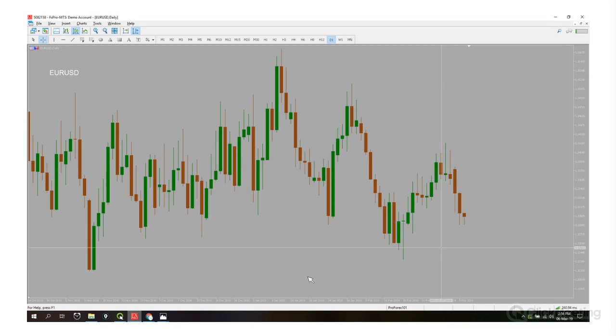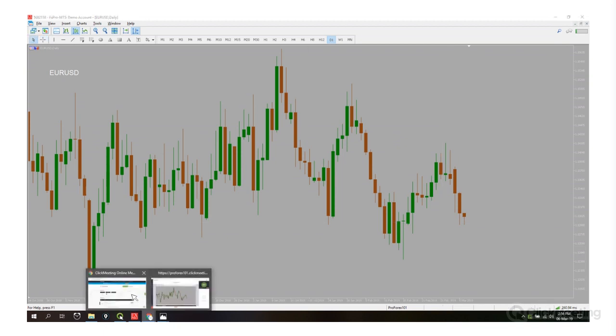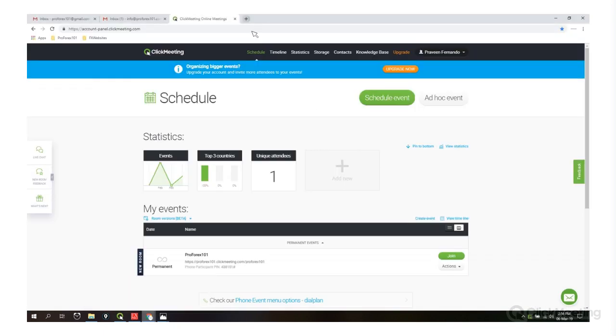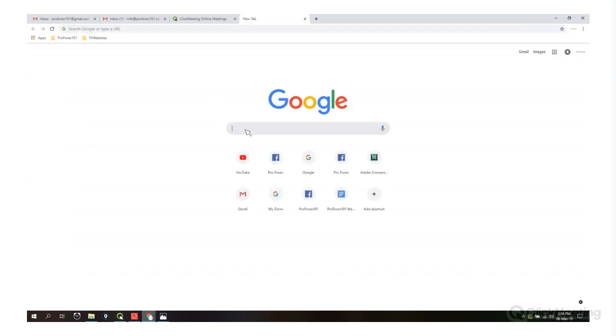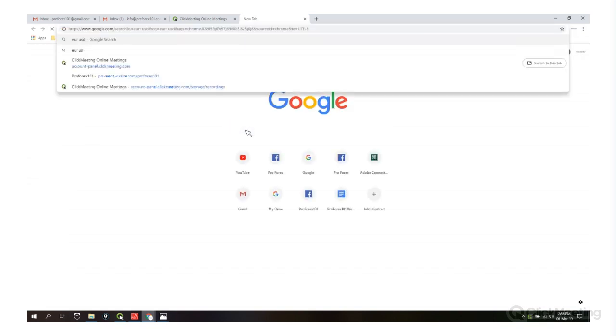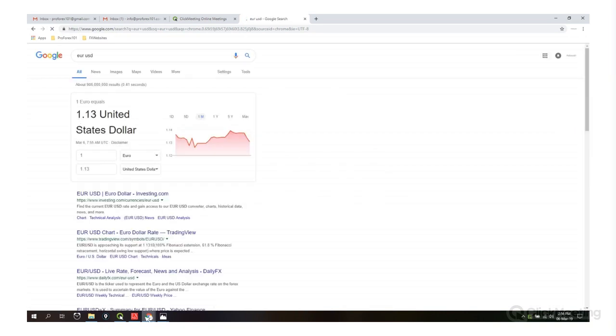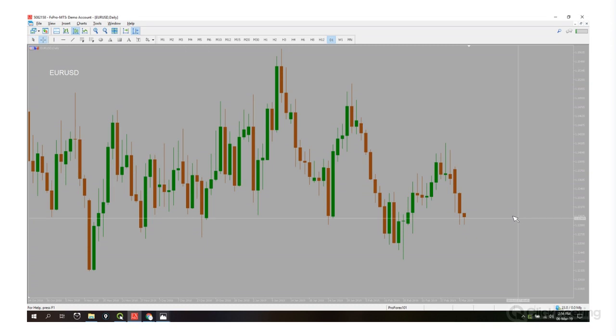Let's just confirm that. I'm going to search euro dollar on Google, and it gives me $1.13, which is about what we have here at the price where we are right now.